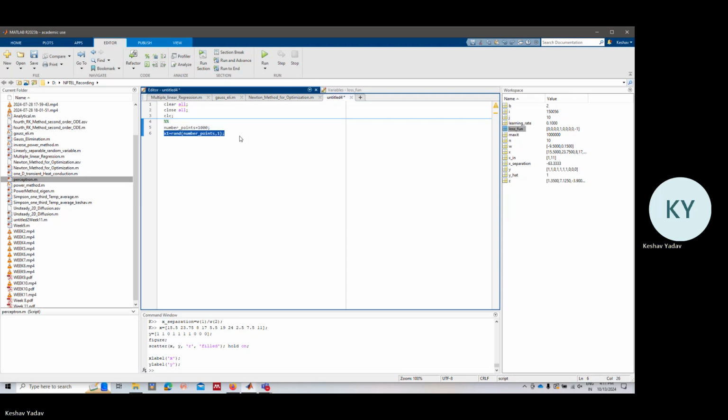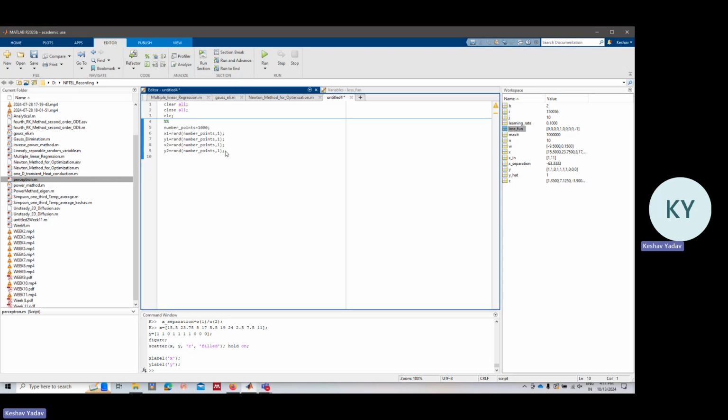Y1. So I have generated four random variables.